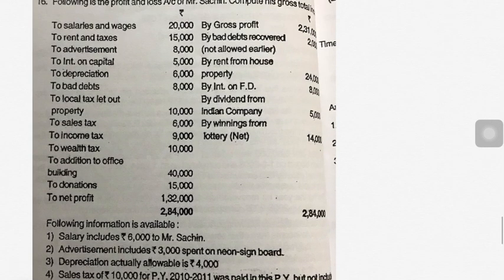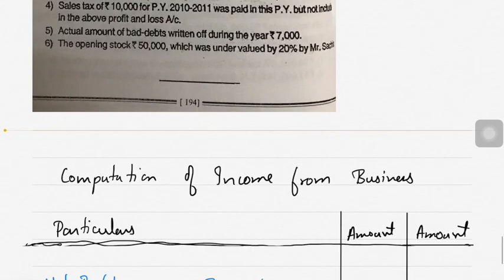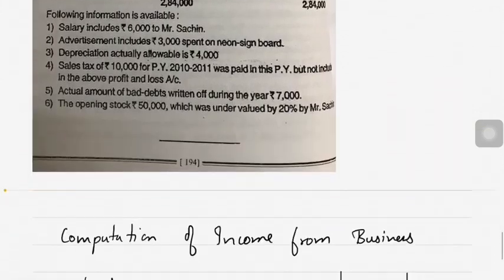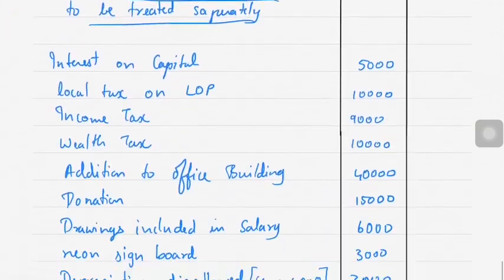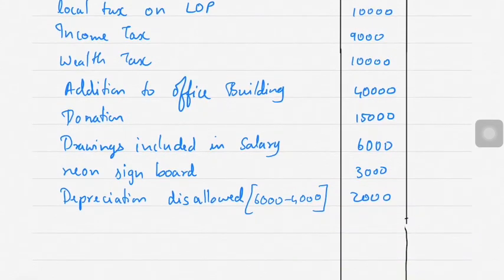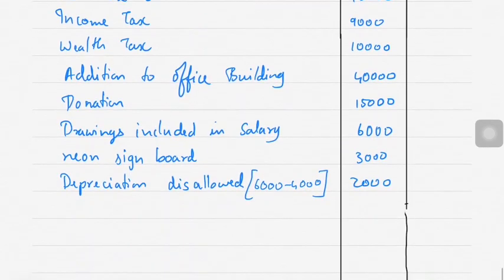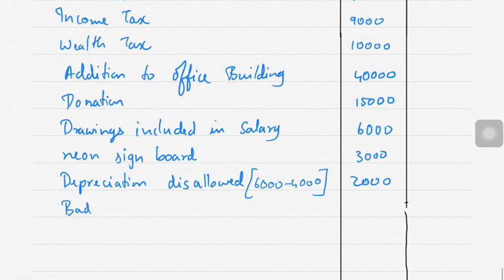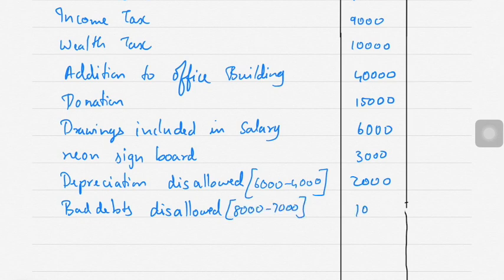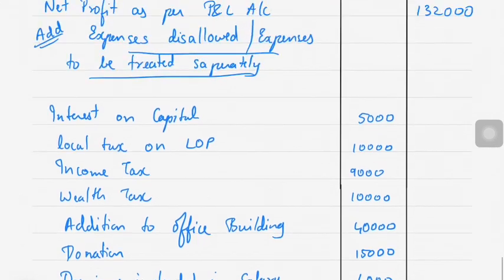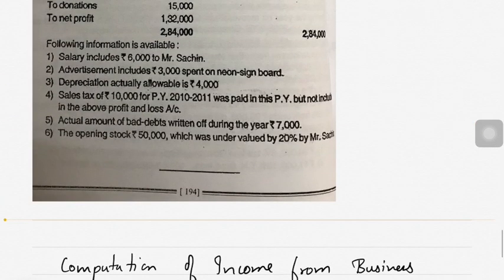Next, actual amount of bad debts written off during the year is 7,000. Bad debts was 8,000, actual bad debts 7,000. So this you will add back, which is 1,000.